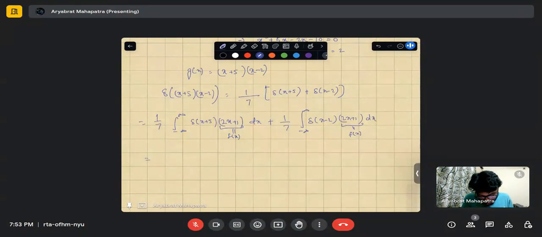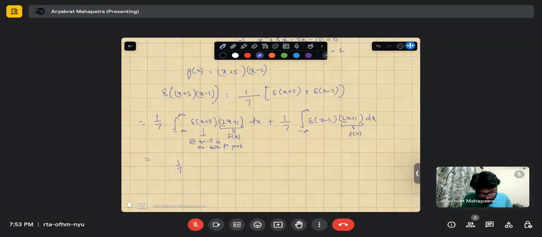So at x equal to minus 5, the delta function peak is there, so I have to use f of minus 5.